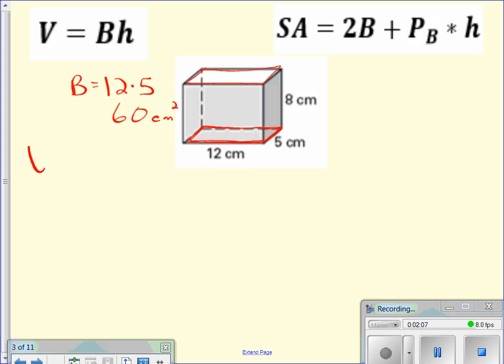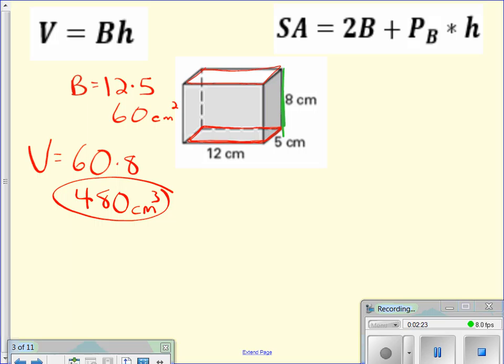To find volume, though, I take that 60 and multiply it by the height, the distance between the two bases, which is 8, to get me a whopping total of 480 centimeters cubed. Okay. Volume's nice and easy. Find that bottom layer basically multiplied by the number of layers. I like thinking of it like that.